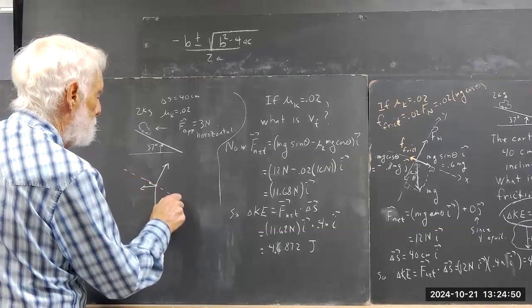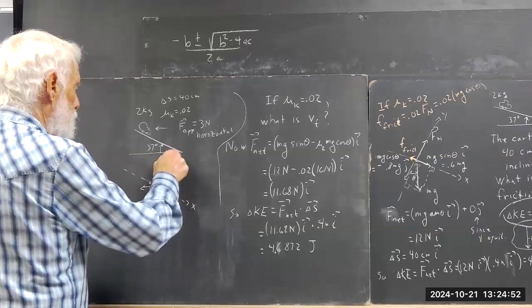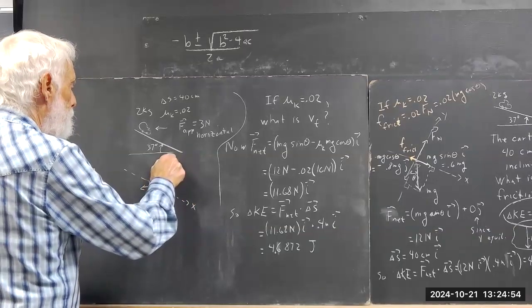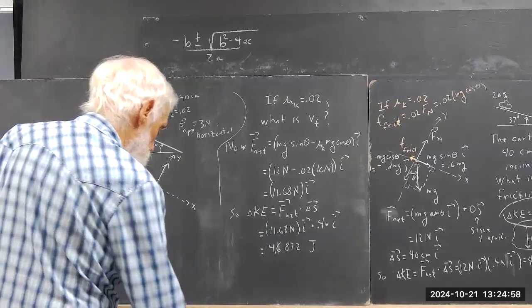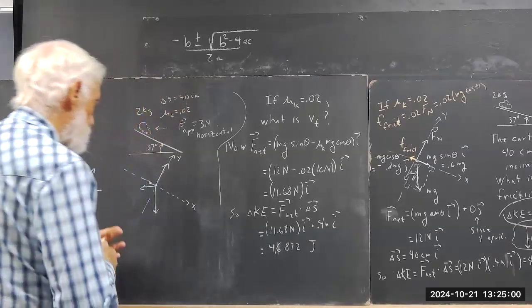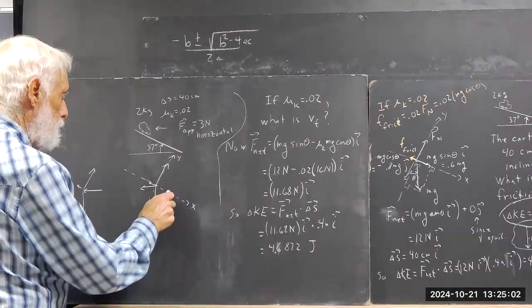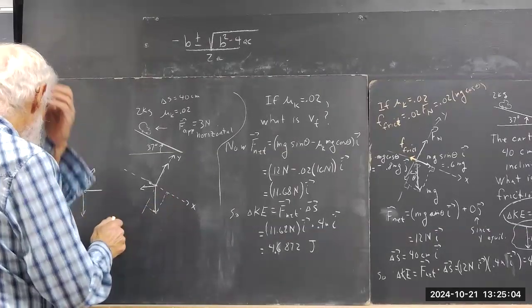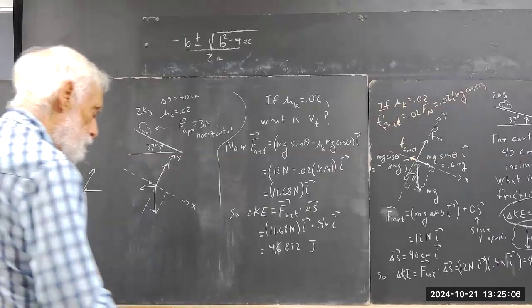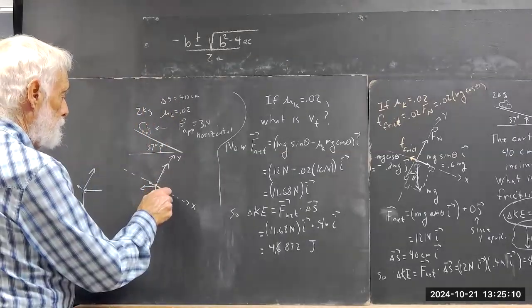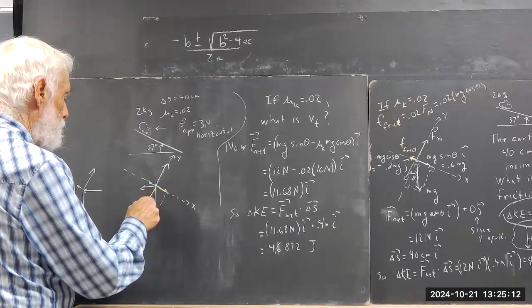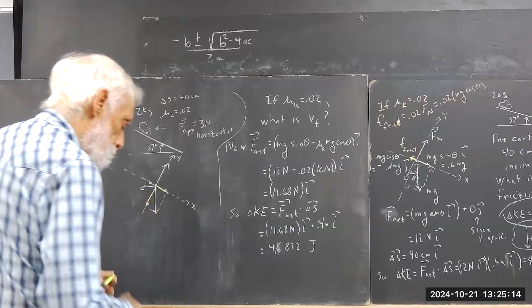So here you go. Here's your x-axis. Here's your y-axis. Any force that's not along the axis needs to be resolved. So your weight is going to have components here and here.